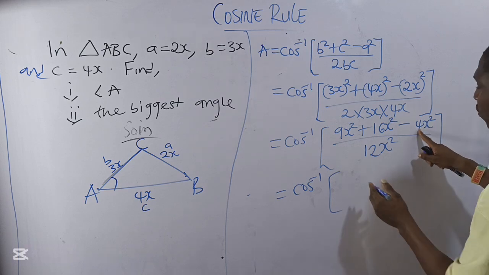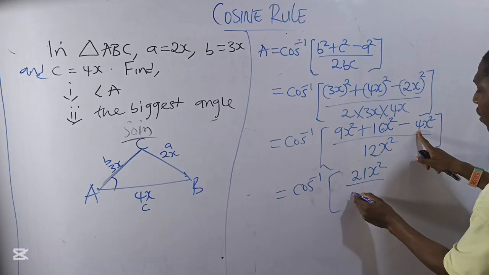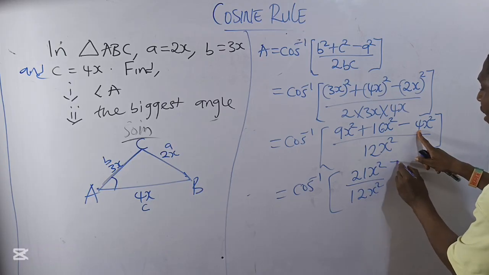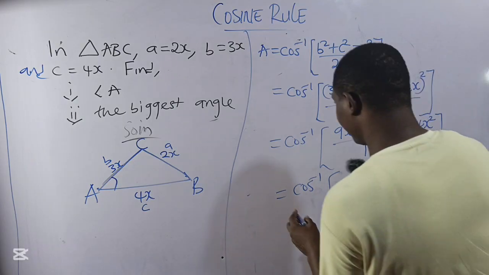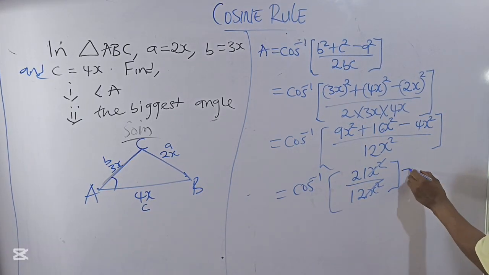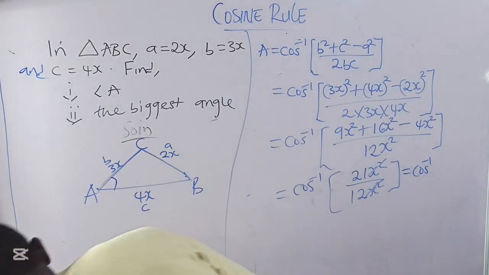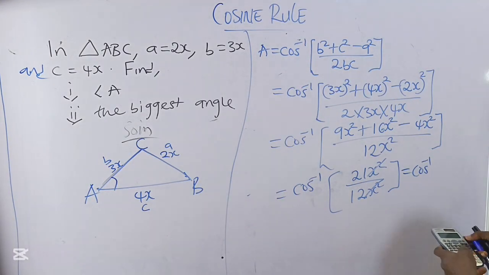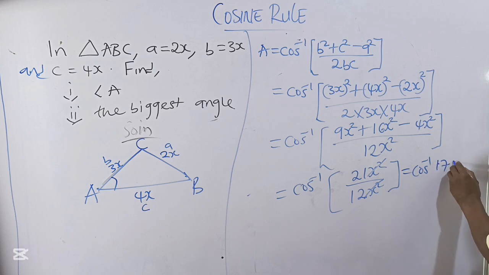And 25 minus 4 will give me 21. So I have 21x squared all over 12x squared, and we can see that x squared can cancel x squared. We therefore have this expression equal to cos inverse of 21 divided by 12. 21 divided by 12 will give me 1.75.